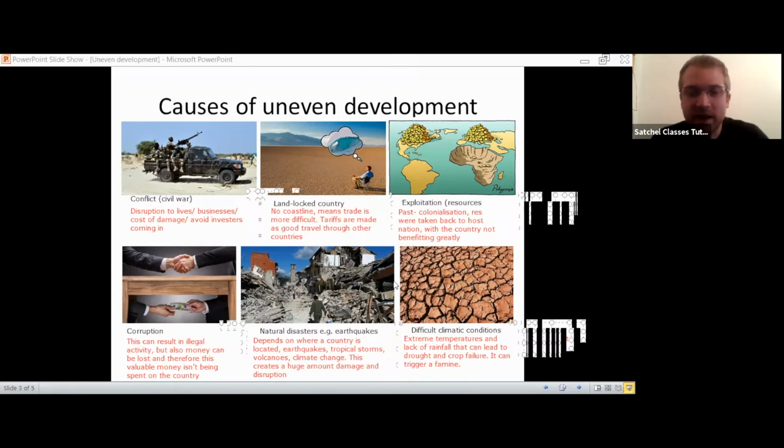Ultimately that country basically can't supply enough for itself, so it's always going to be dependent on other nations. And that means that it will never be able to progress forward until it can be truly self-sufficient. So extreme temperatures, lack of rainfall, those difficult climatic conditions can really hold back the nation.